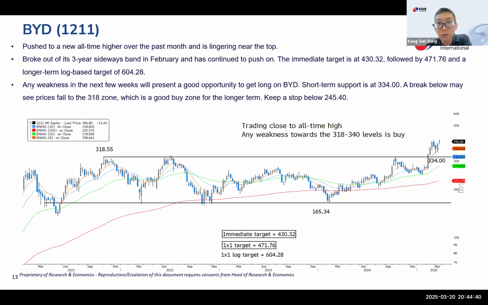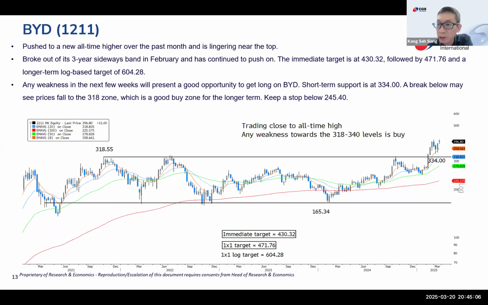The breakout actually took place sometime in February as well, and it pushed to all-time highs, with prices still lingering near the top. Any weakness is still a buy for BYD. Longer term, we're still looking for targets at about 430, 471, and a very long-term base target of about 604.